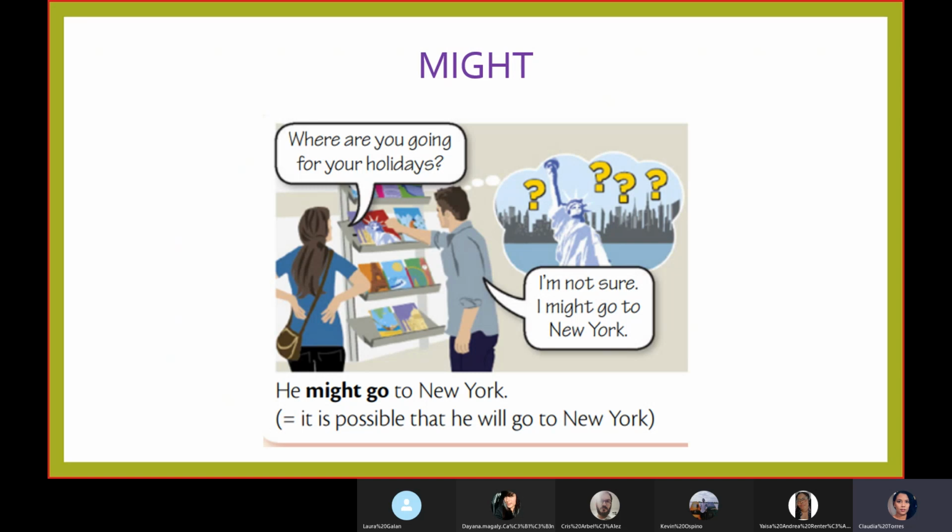Again, there are some question marks because he's not sure. So, I'm not sure, I might go to New York. I might go, right? So he's not 100% sure. And again, we have the subject, we have the modal verb, and we don't change the main verb, go, right? So we don't add anything.